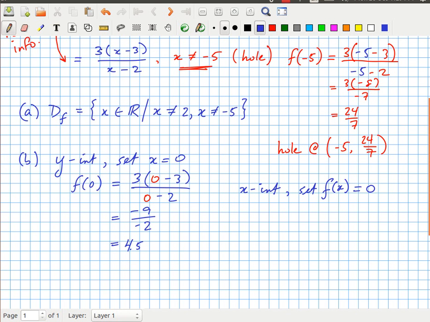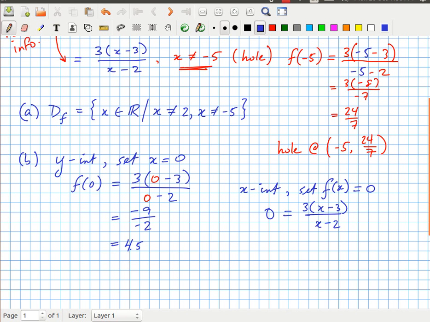Again, I'm going to use my simplified notation, and there's a reason for that. So f of x is equal to 3x minus 3 over x minus 2, and that means I need to solve 0 equals 3 times x minus 3 over x minus 2.